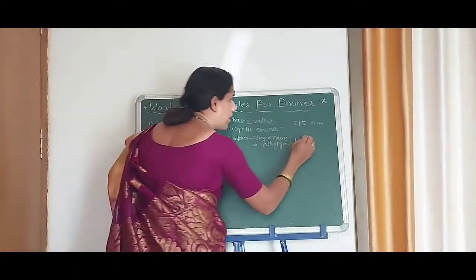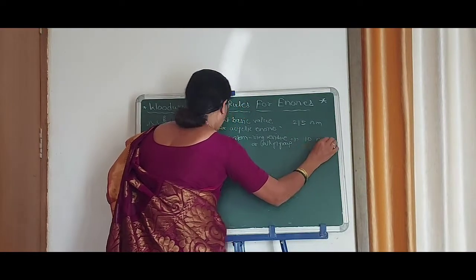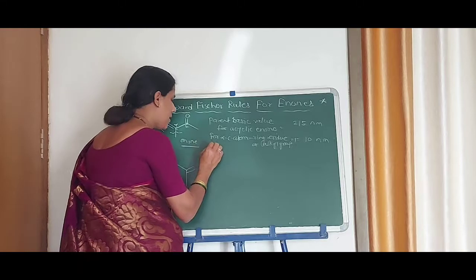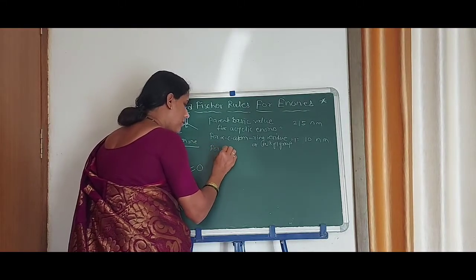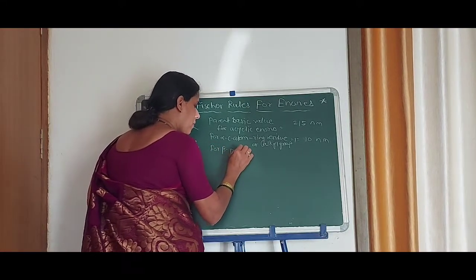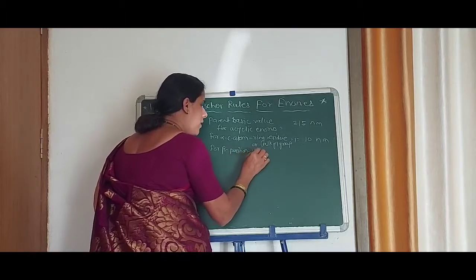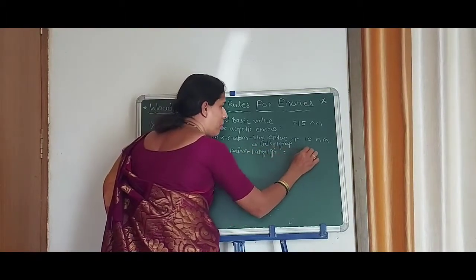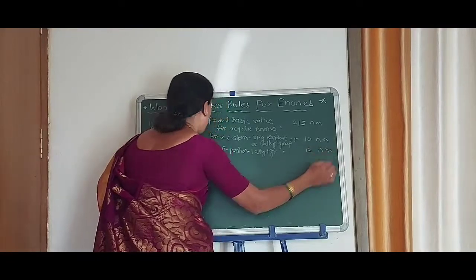That is equal to 10 nanometers. And for the beta position, according to the chart, for 1 alkyl group, what is the value? That is equal to 12 nanometers.